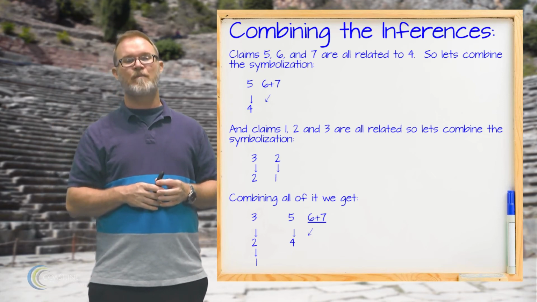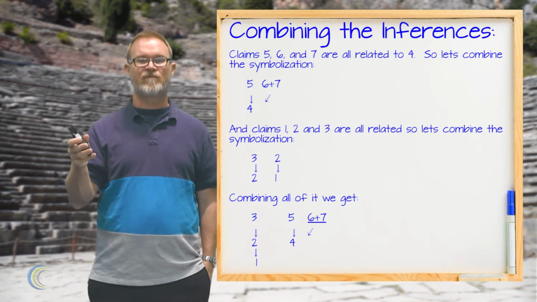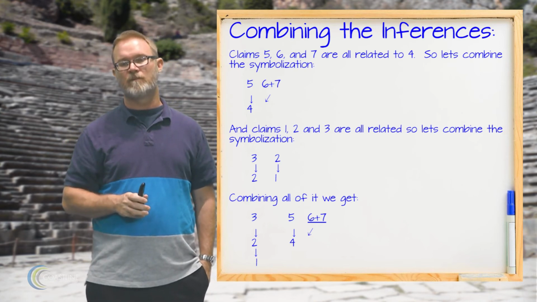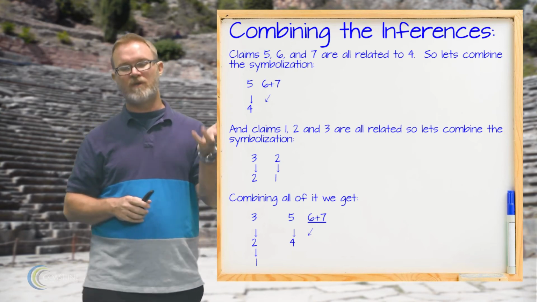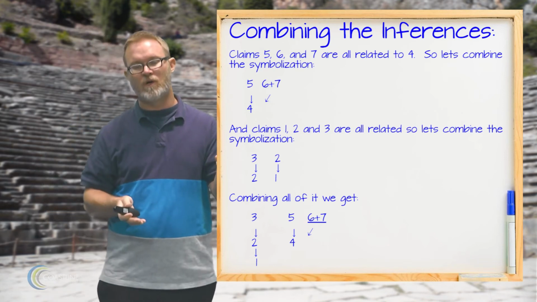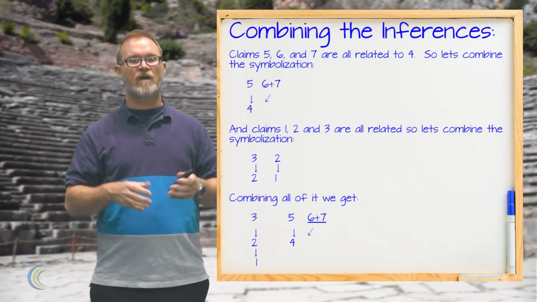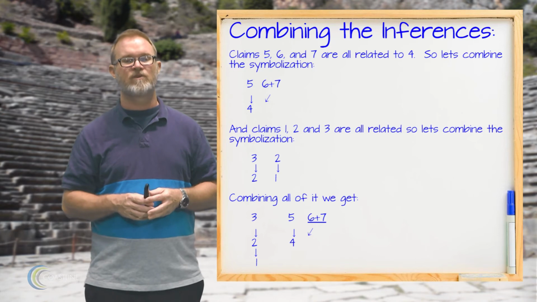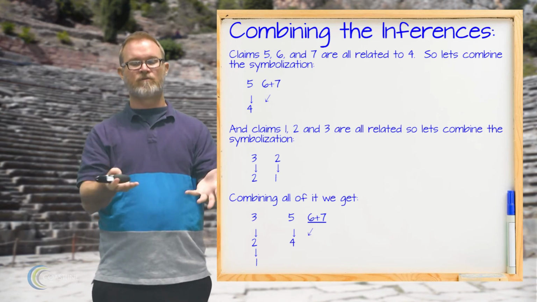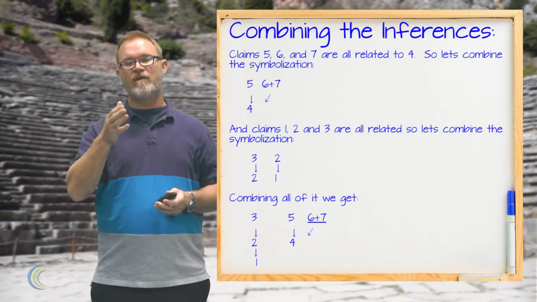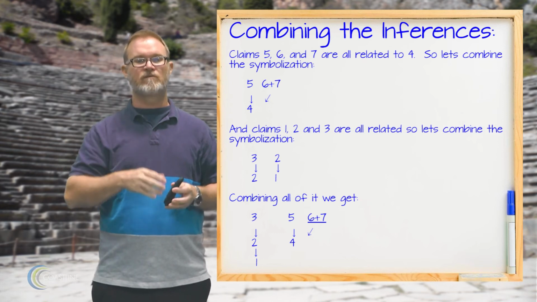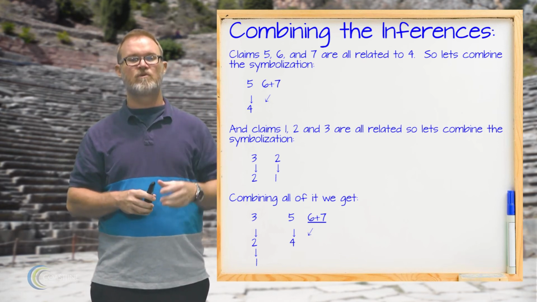For example, you can see that 5, 6, and 7 are all reasons in favor of 4. And 3 is a reason for 2, but 2 is a reason for 1. So we can put that all together, and we have this big structure, which is that 5, 6, and 7 are going down to 4, and then 3 is down to 2, and 2 to 1.